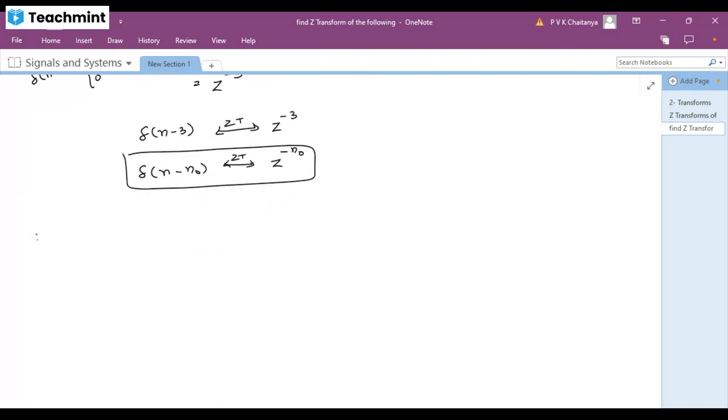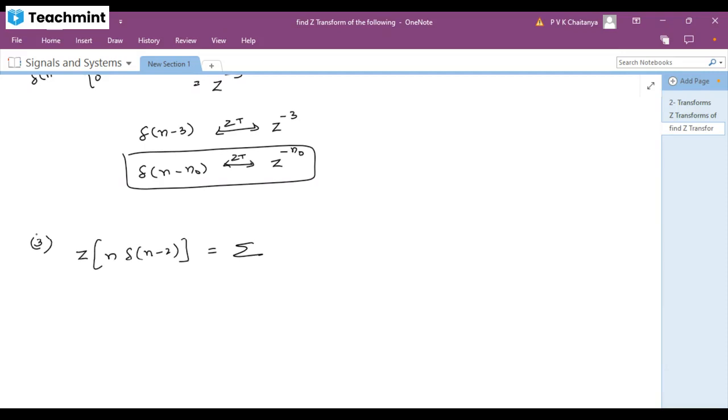So in the same way, by combining the above two, suppose I want to find the z transform of n into del of n minus 2.